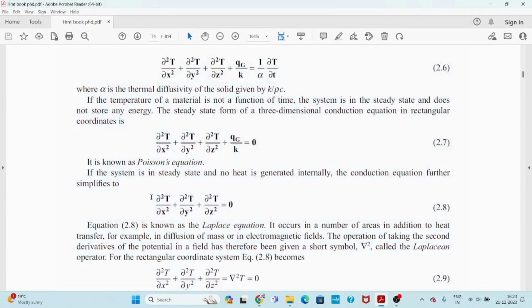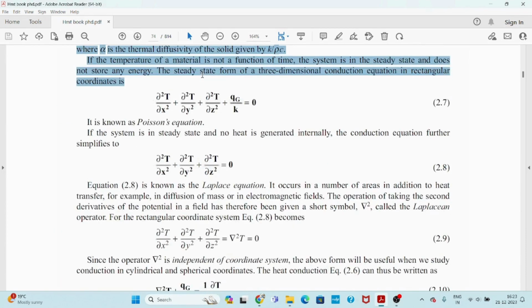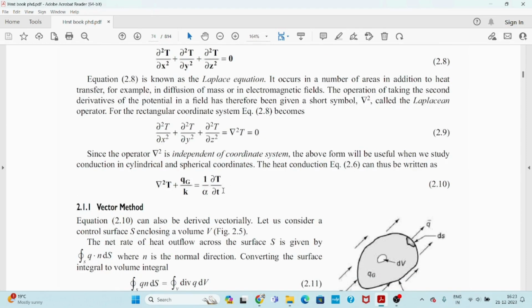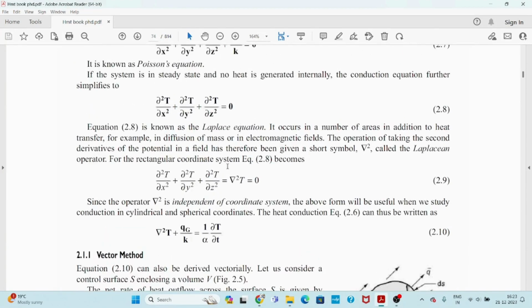So this is called the Laplace equation, this is the Poisson equation, and this is the three-dimensional heat equation. Please remember all three and the differences between them: what is Laplace, what is Poisson. This equation is important. Please remember.